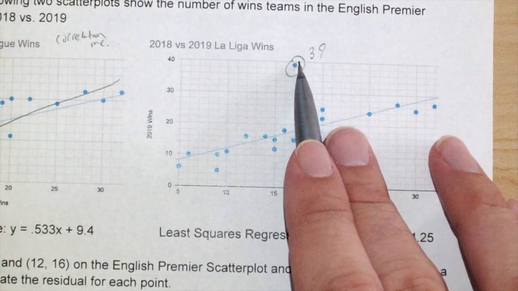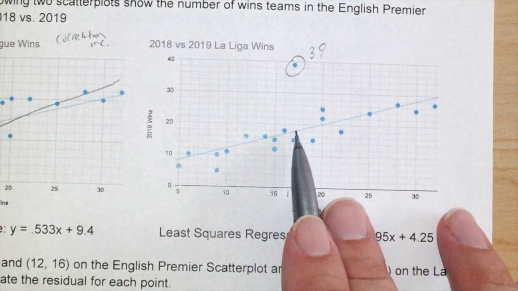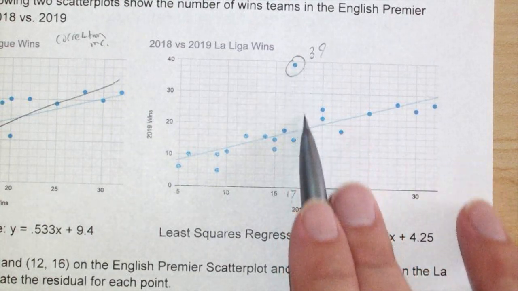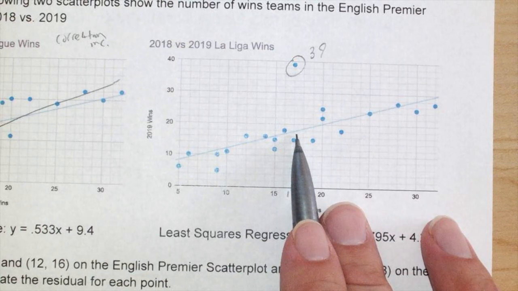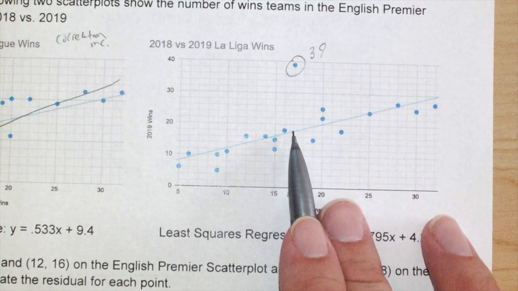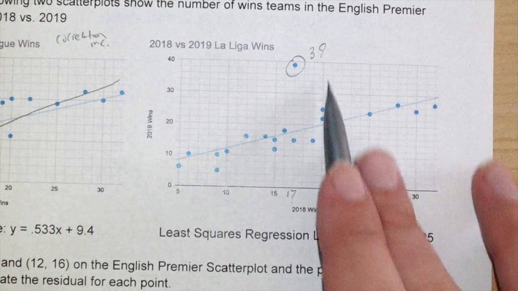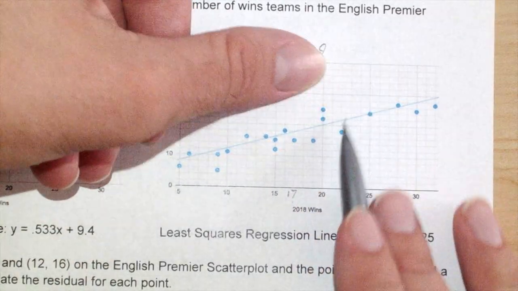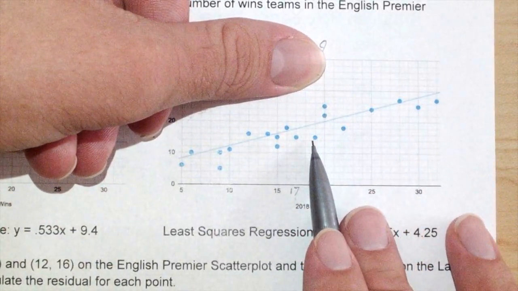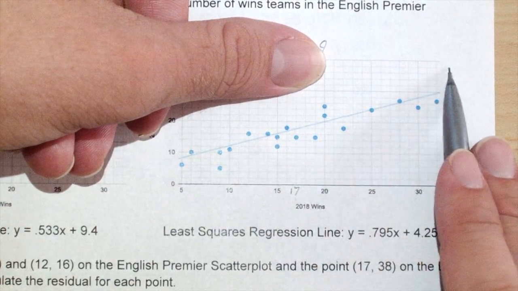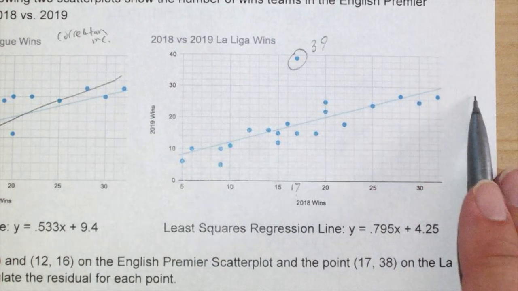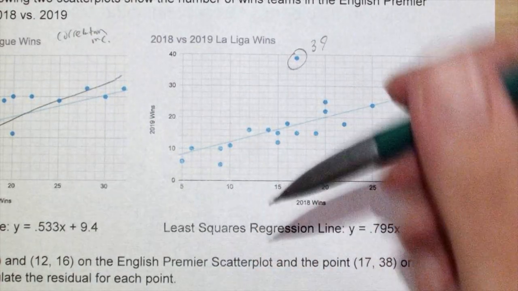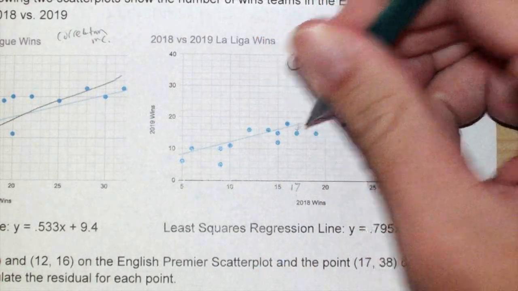If this point wasn't here, it wouldn't have to worry about this huge distance. Because again, the line is figuring out a line of best fit where each point is as close to the line as possible. So if this point wasn't there, the line can go down. But because this point isn't on either side, it's not really going to pivot my line much. It's just going to move the whole line down a little bit.